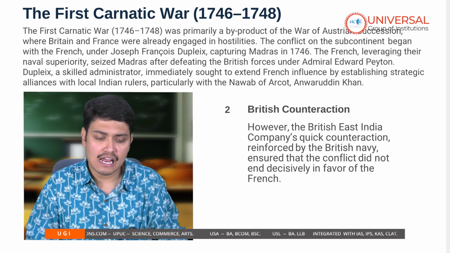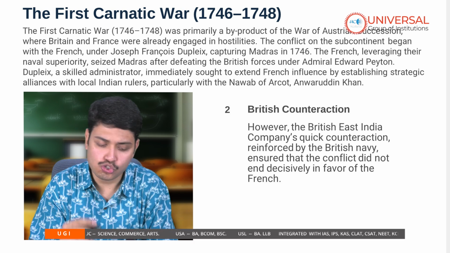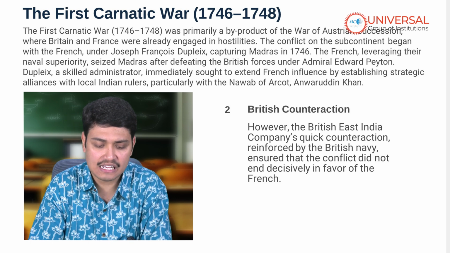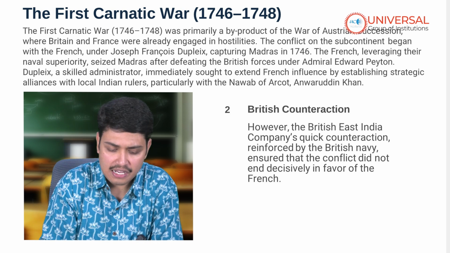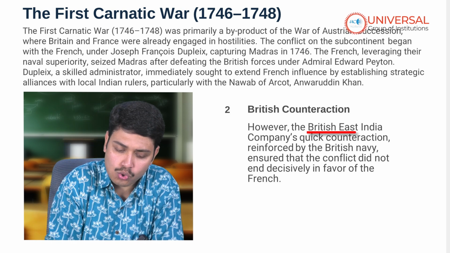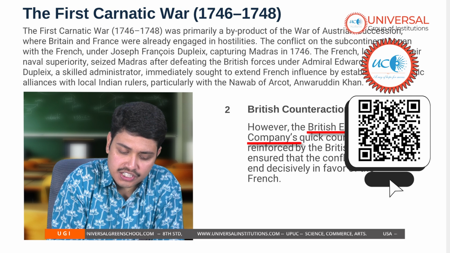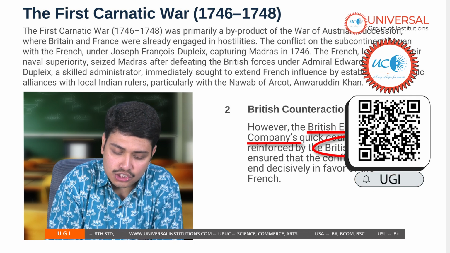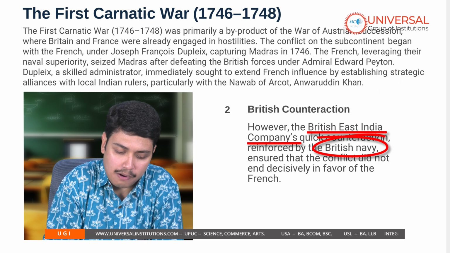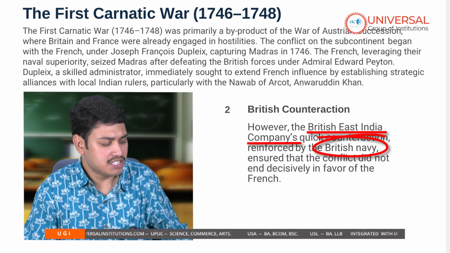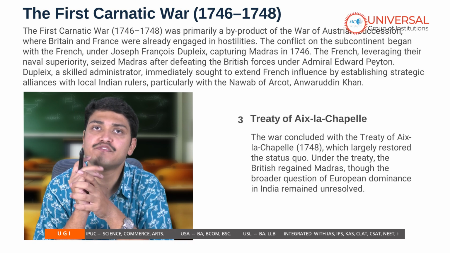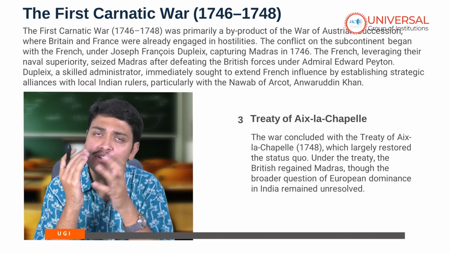But then the British counteraction took place, with the British East India Company's quick counteraction, reinforced by the British Navy. They challenged the French power in Madras. But unfortunately, the French were victorious.